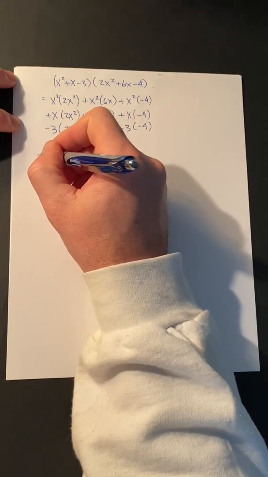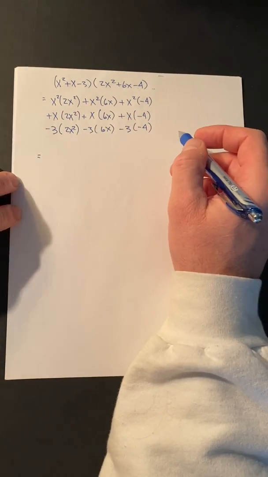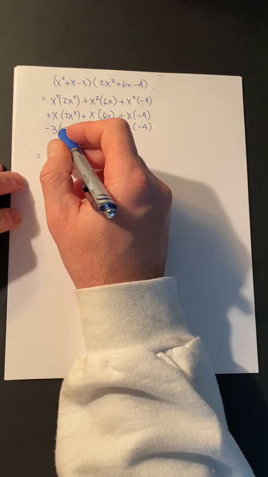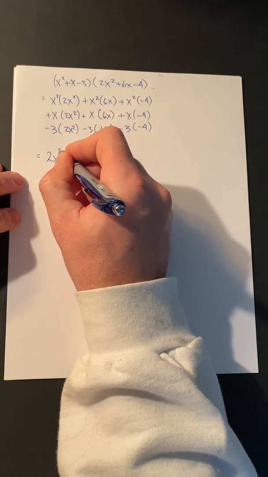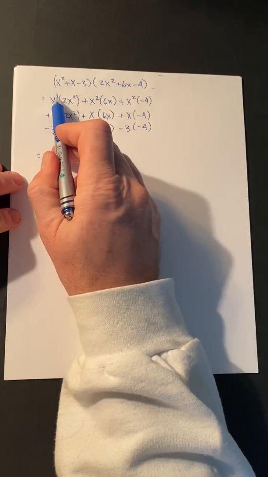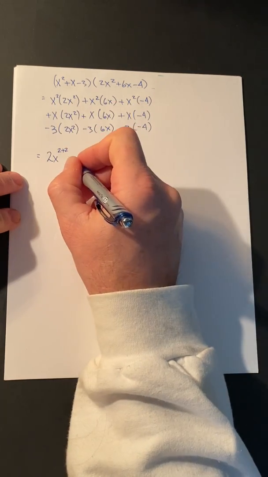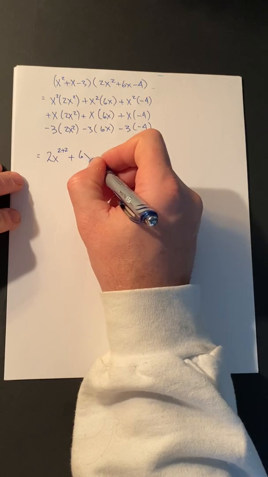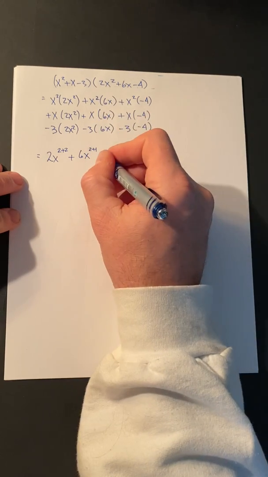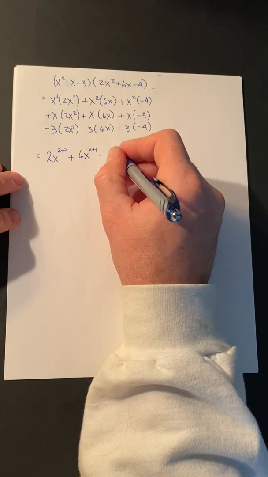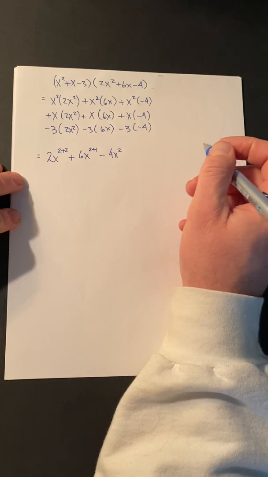So now here's where maybe the more tedious part comes. So I look at this. I have 2x to the 2 plus 2, right? My exponents, plus 6x to the 2 plus 1, 2 plus 1, minus 4x squared, okay?